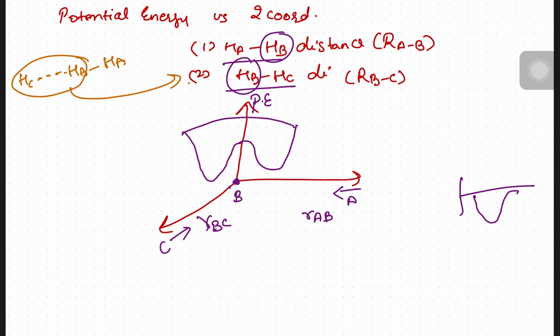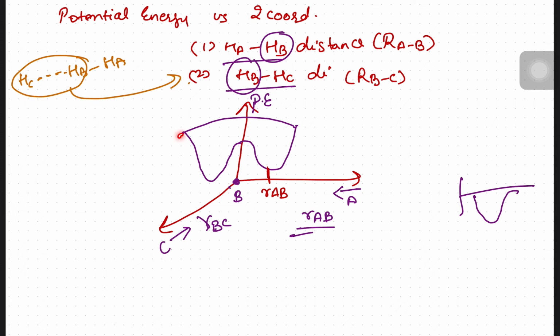So this is the diagram. Here we have potential energy, here are AB, and here are BC. This is basically the combination of two graphs. You can see it clearly. As A approaches B, the potential energy decreases up to a point. This point is known as R_AB, where the bond formation takes place. Further, if we move beyond it, the potential energy of the system increases.